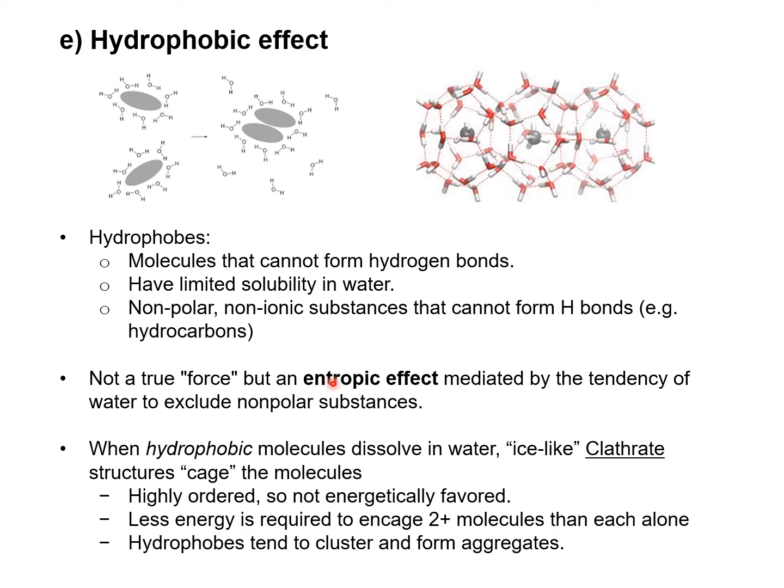So it's also called an entropic effect rather than just a force. And especially these water molecules make ice-like clathrate structures to cage all these hydrophobes. And eventually these hydrophobes will get together to minimize the internal energies, the potential energies there.